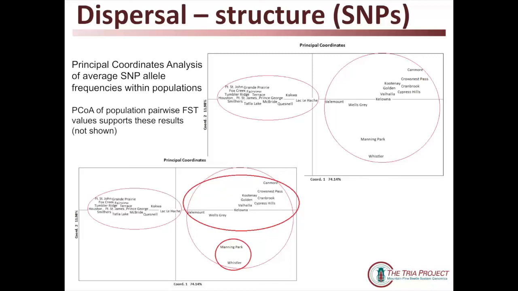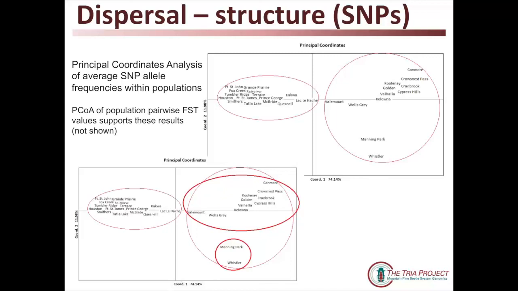That first axis, the first principal coordinates axis, which actually took into account 74% of the variation already, had this nice spread here, which was basically a north-south spread with Canmore, Crow's Nest Pass, and so on, up here to the Fort St. John, Fox Creek, and so on, with just a few little outliers here.